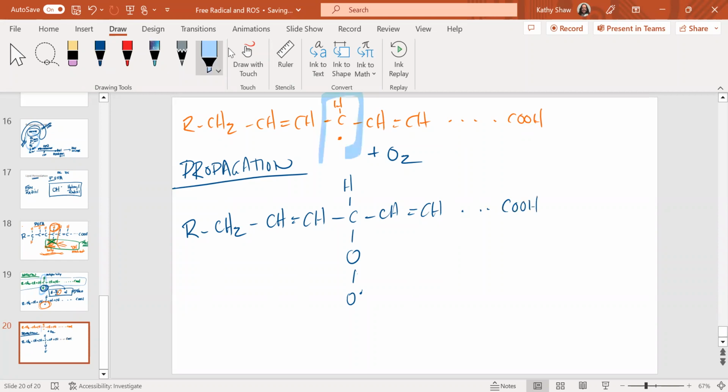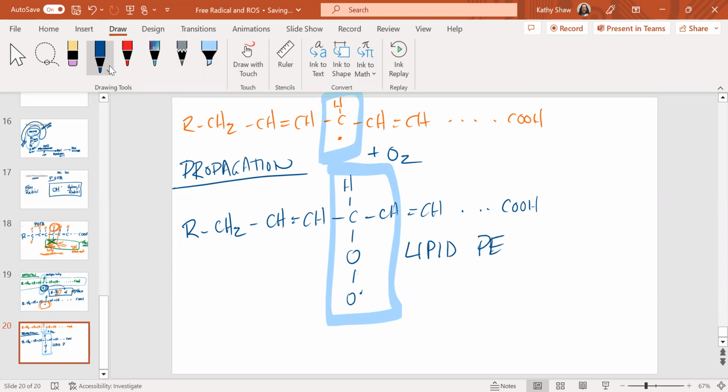So this middle part is this middle part. We added that oxygen to it. So now this is our lipid peroxyl, from here, well, the whole thing, but that's where the name comes from, peroxyl radical.